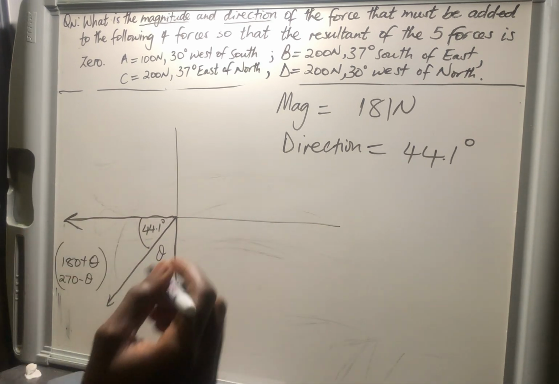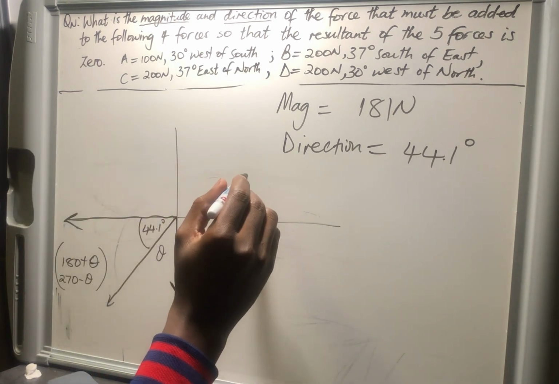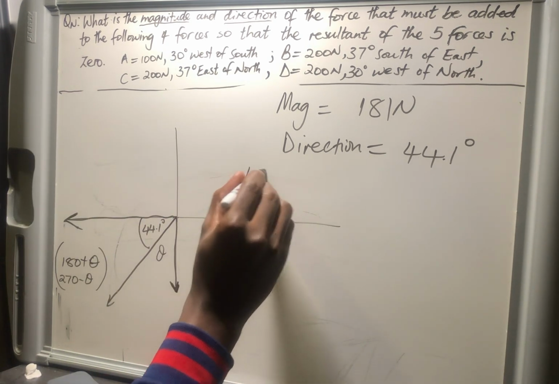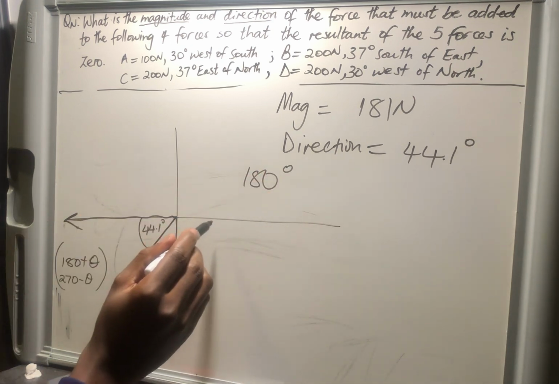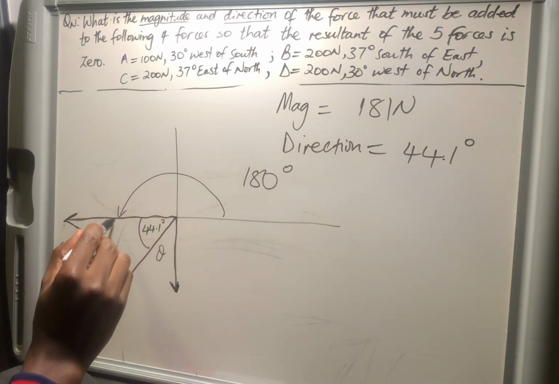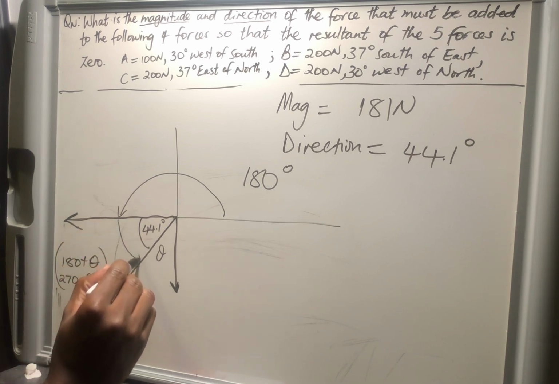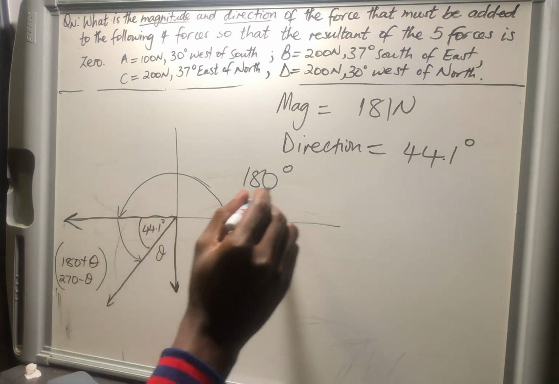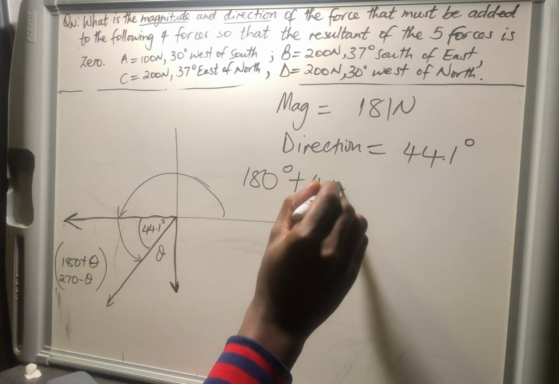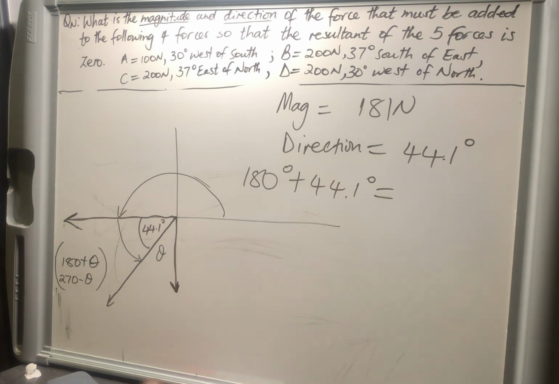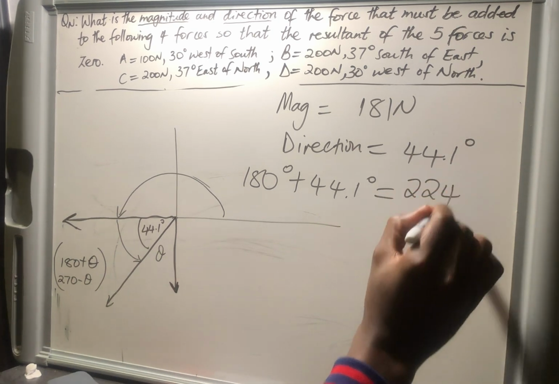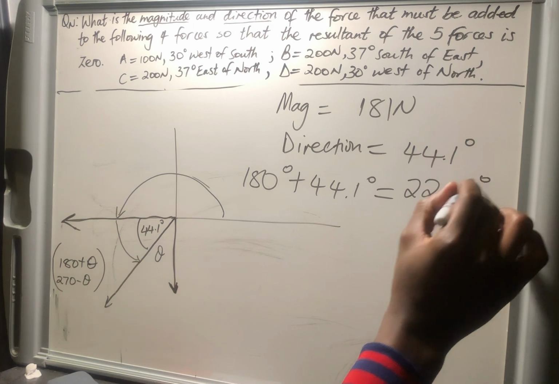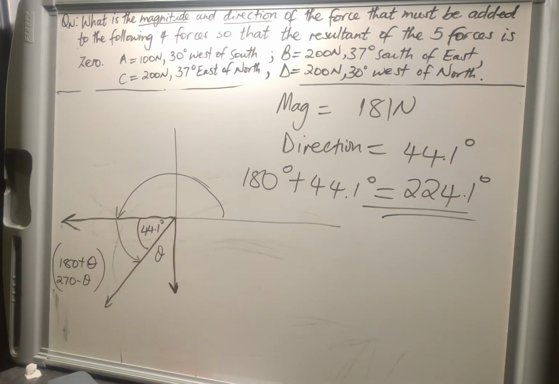So the actual direction is given by 180 degrees, which is from this point up to this point, plus, because what we need is up to this line. So this whole thing up to this line is what we need. So the actual angle is given by 180 plus 44.1 degrees. And that will give us around 224.1 degrees. So this is now the direction.